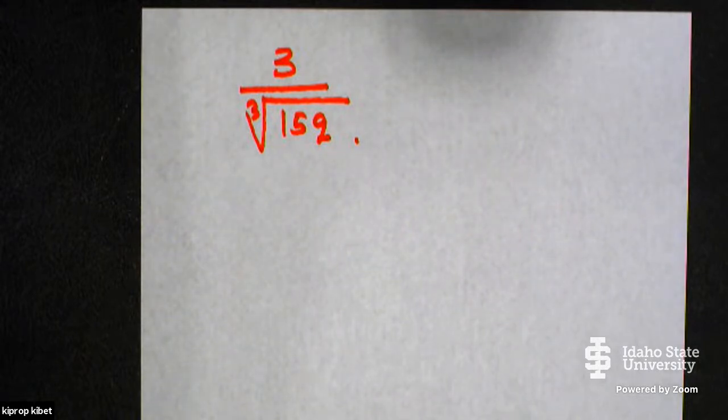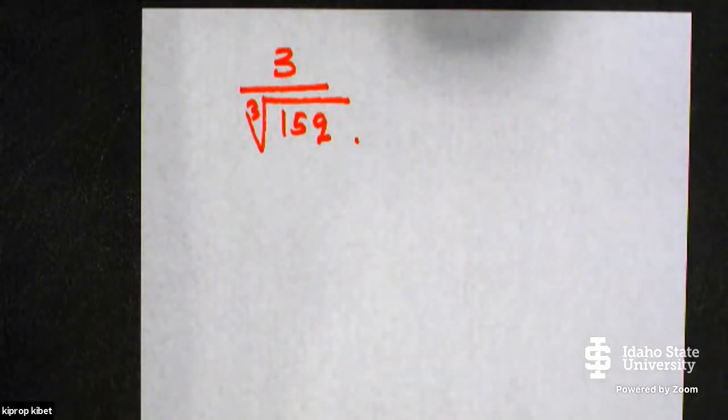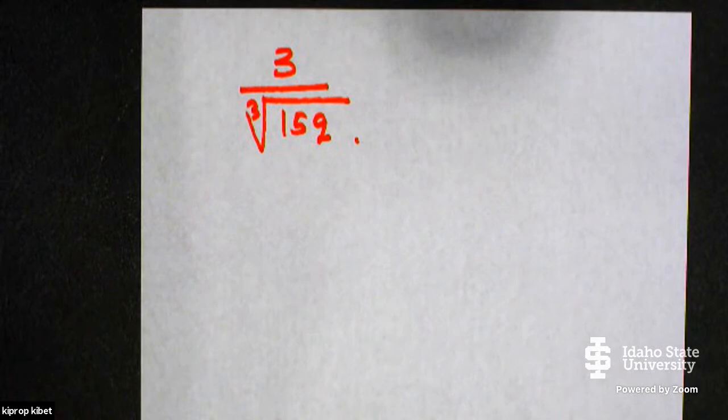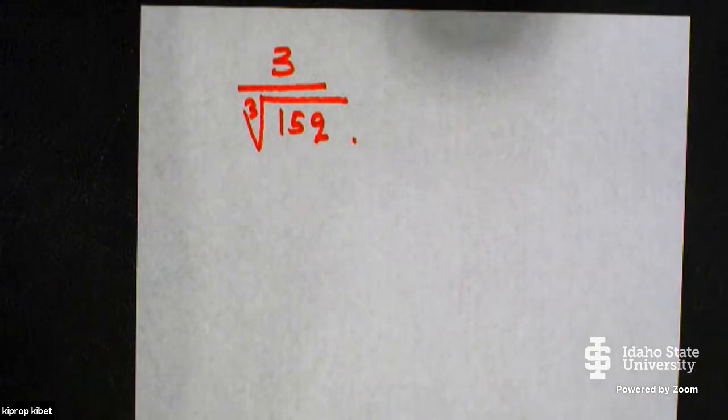How should we simplify that? We want to make this denominator just an integer without any radical there. Now, how should we remove this cube root here?